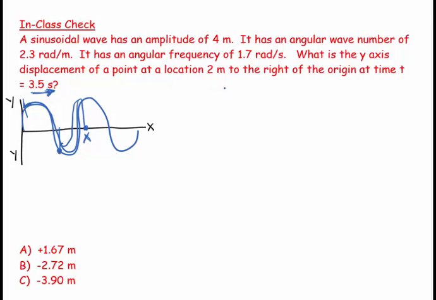So that's the philosophy, and we did that in an expression before, and what we found in that expression was that it was good to say y equals A sine 2 pi (x minus vt) over lambda.